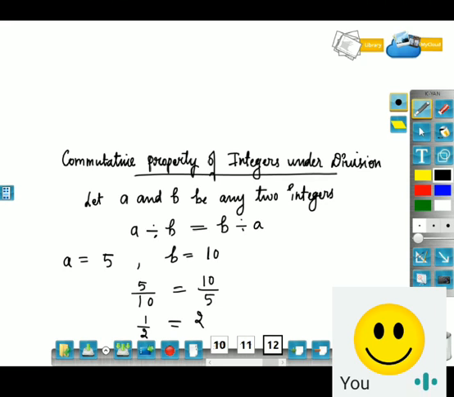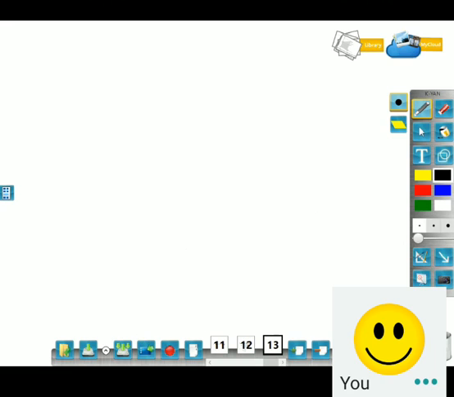Obviously they are not equal. So when they are not equal, that means integers are not commutative under division.